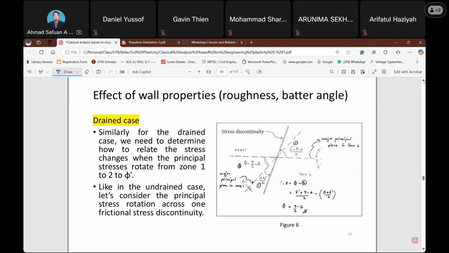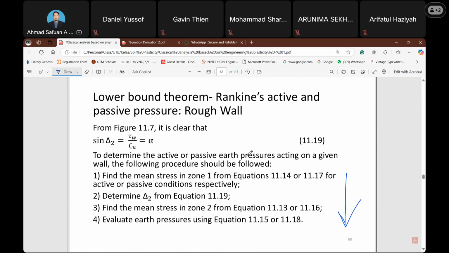So I mean that for the undrained case, you need to make simple notes. We will not go into detail on the derivation.